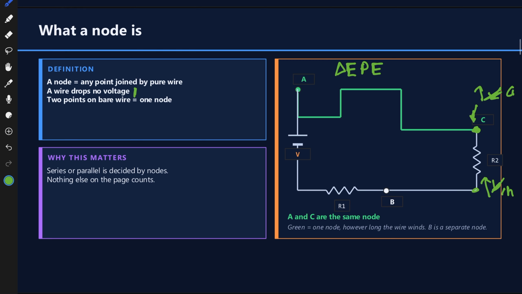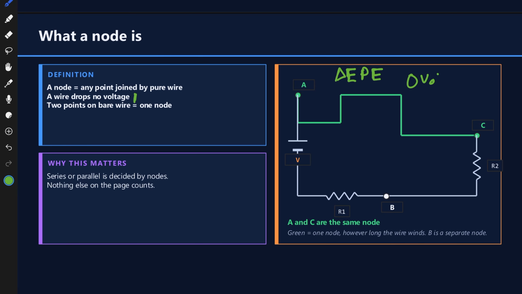But you can just understand from that that a theoretically pure wire has 0 voltage. So only when you pass through resistors do you get voltage that dissipates. Otherwise, you don't get any voltage that dissipates.